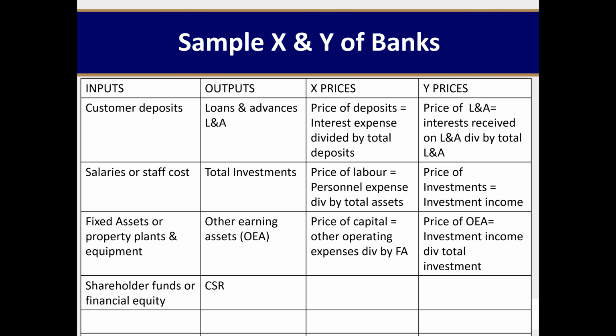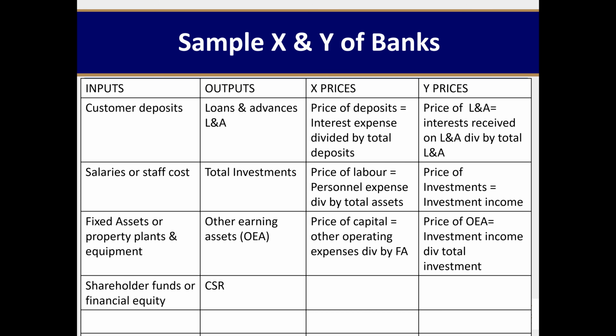You can't normally use total investment and other earning assets at the same time. You have to use them separately. Now, if you are thinking about CSR, then the possible price of CSR will be the cost associated with CSR divided by maybe total investments.